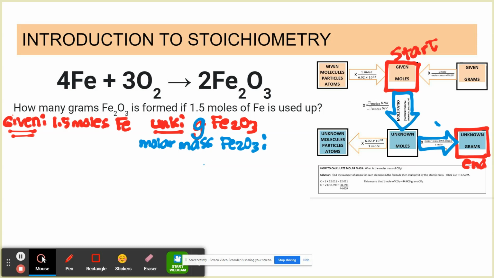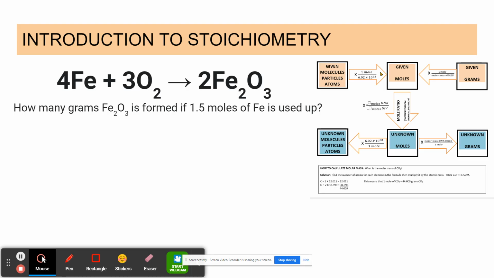Hey Google, what is the molar mass of Fe2O3? So we'll just go 159.7 grams of Fe2O3. Now we've got everything we need to solve this problem.